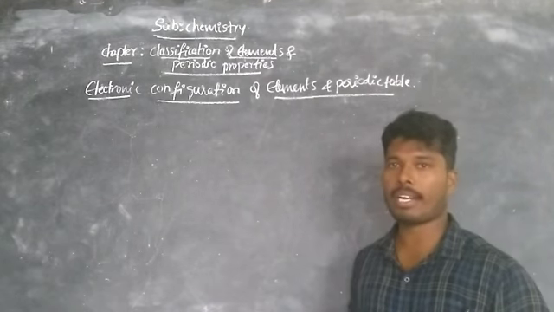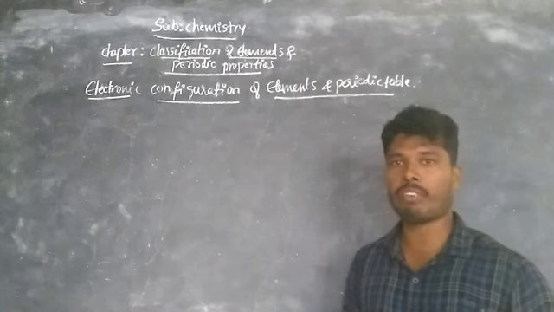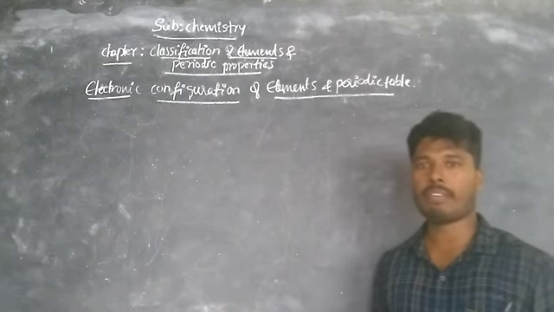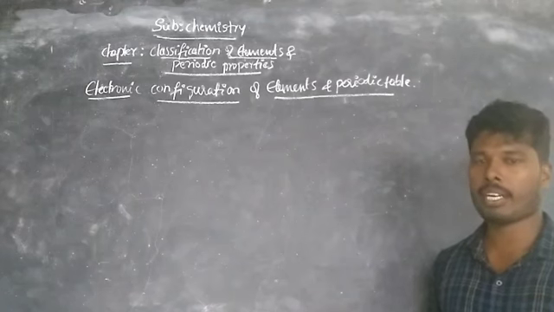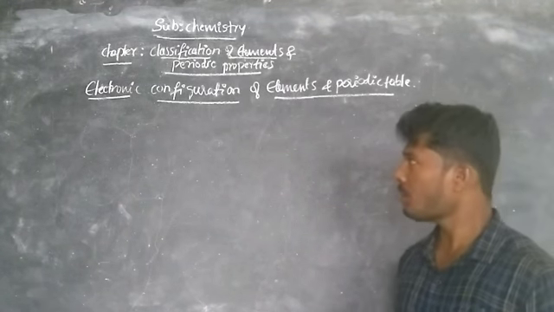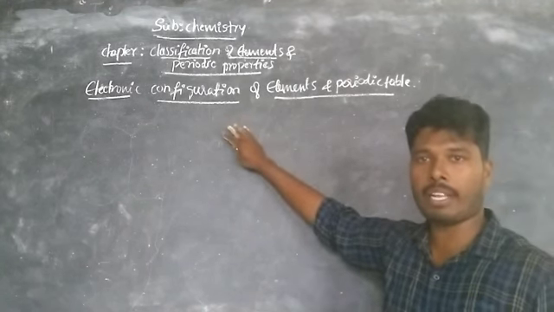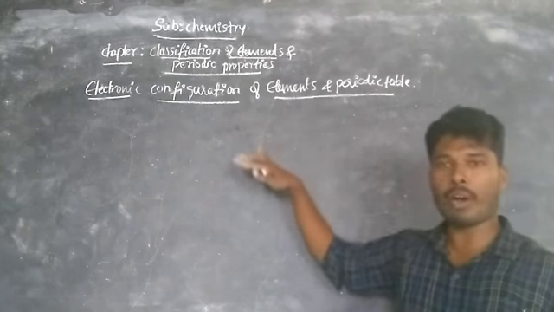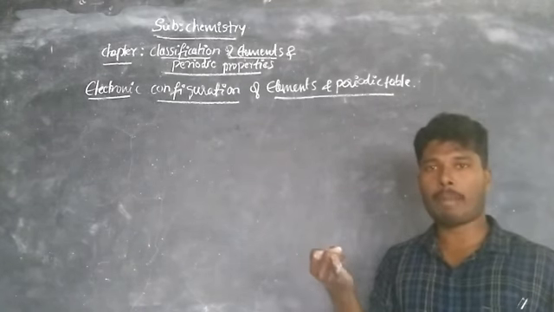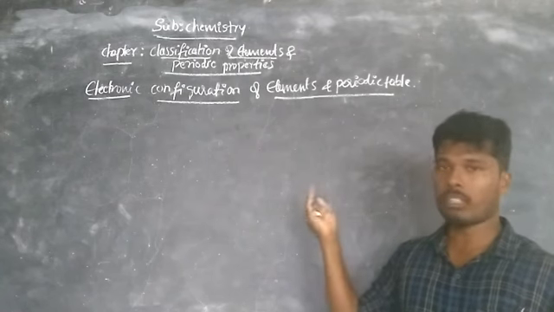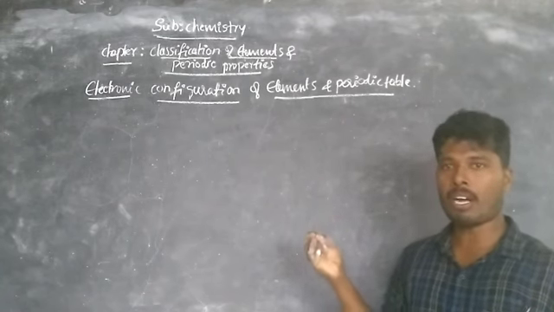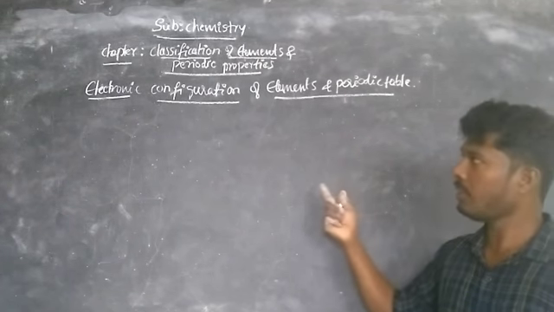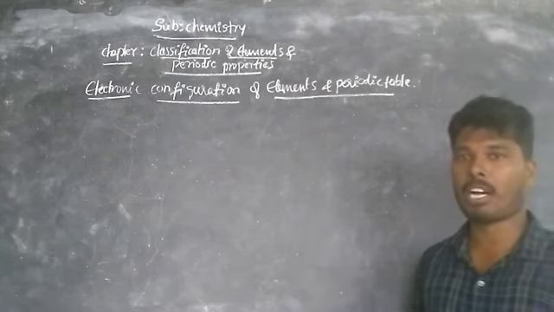So listen, already you know the definition of electronic configuration. Electronic configuration is nothing but the filling of electrons in various orbitals according to the increasing order of their energy. Here the electrons are filled in various orbitals according to their increasing order of energies by following Hund's rule of maximum multiplicity, Pauli's exclusion principle, and the third rule, which one? Aufbau principle.